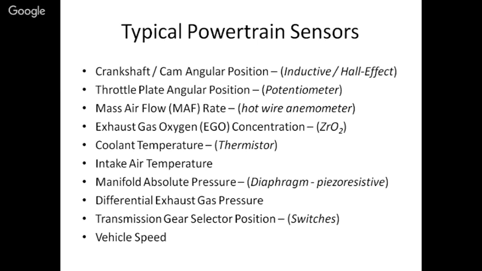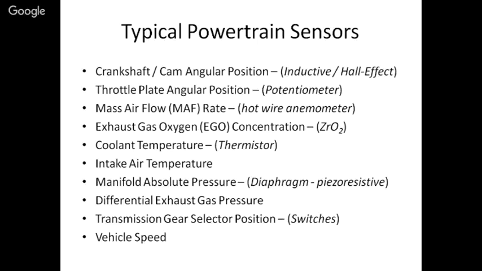Then we have throttle plate angular position sensors. They are basically potentiometric type. The mass airflow rate sensors are hot wire anemometer type. The exhaust gas oxygen concentration sensor is basically zirconium dioxide. Then coolant temperature sensors are mostly thermistors. Then intake air temperature, again thermistor type.